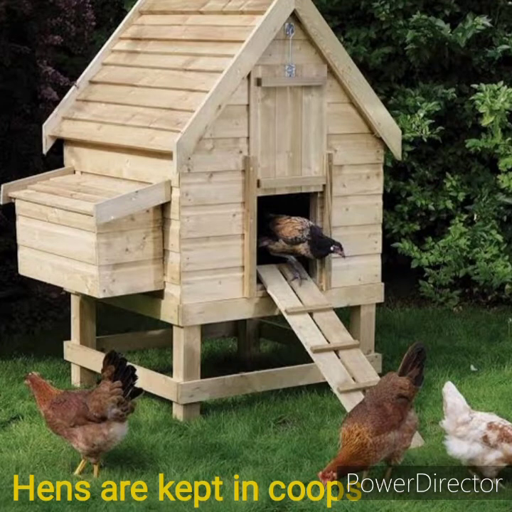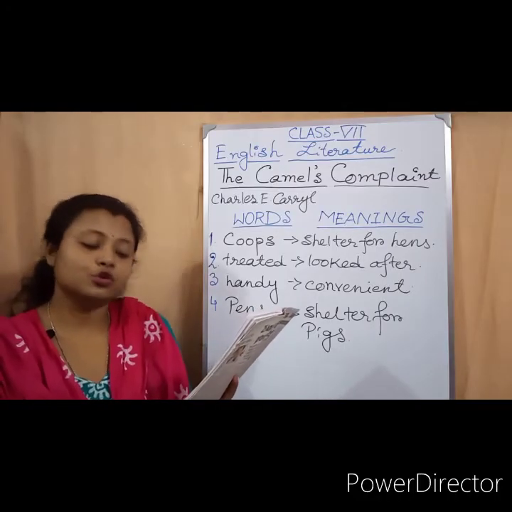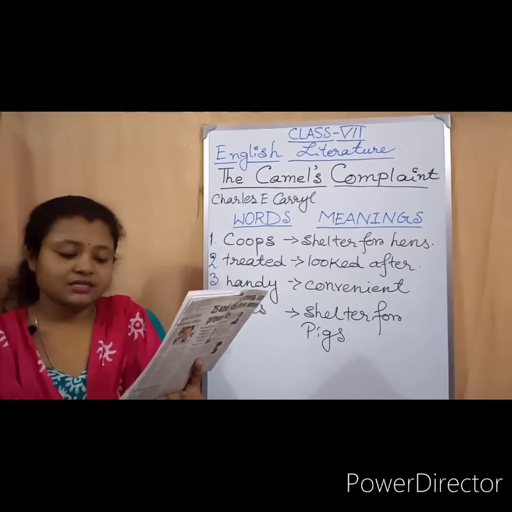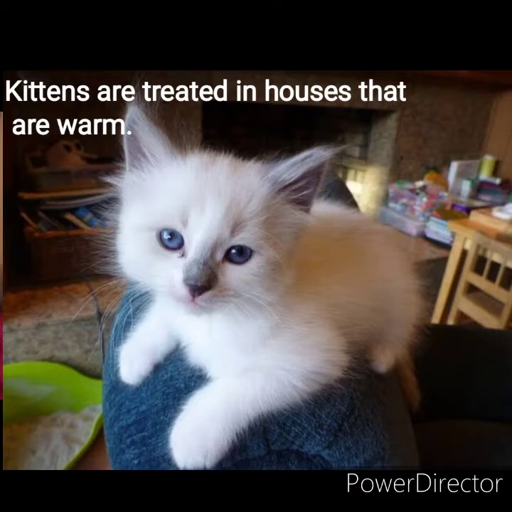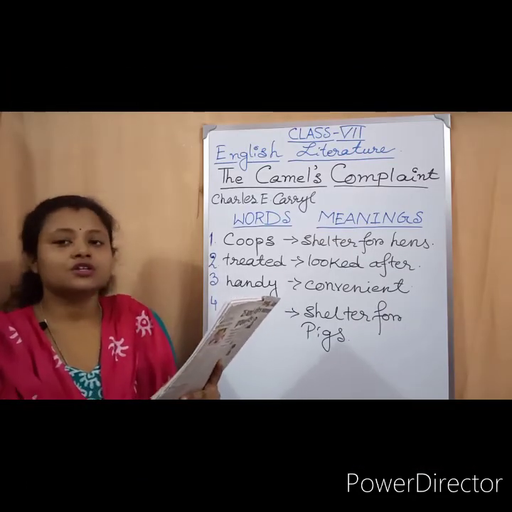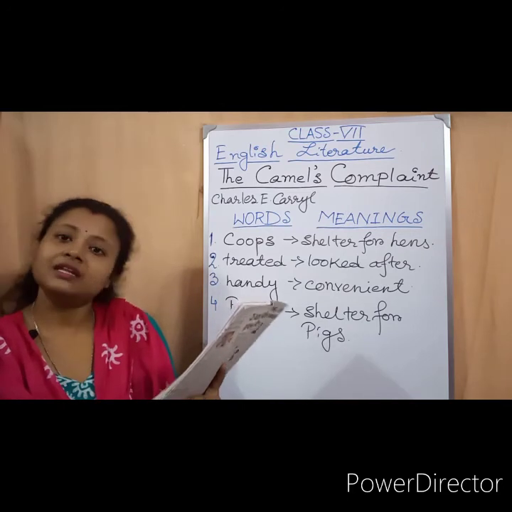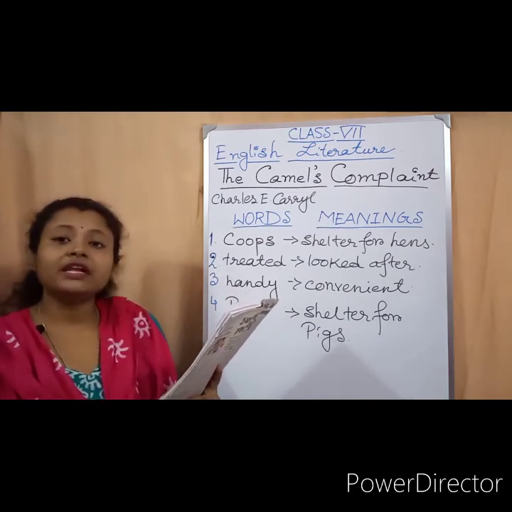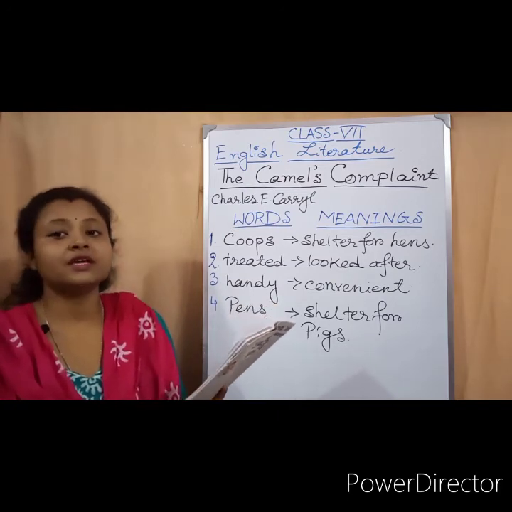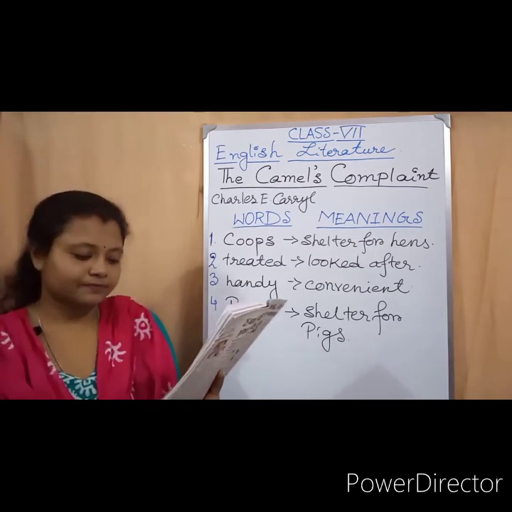So hens also have a special place where they can sleep, where they can stay, and the place is called coops. Kittens are treated to houses well heated. Kittens are treated in houses where it is warm inside, because kittens love to stay indoors, and that is why well heated houses are the places where they prefer to stay.